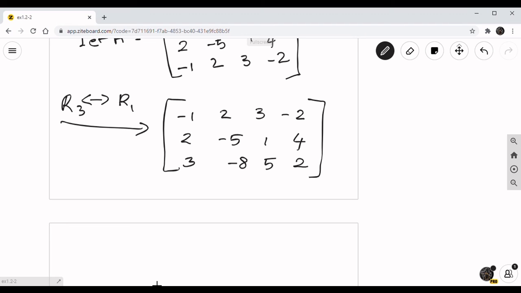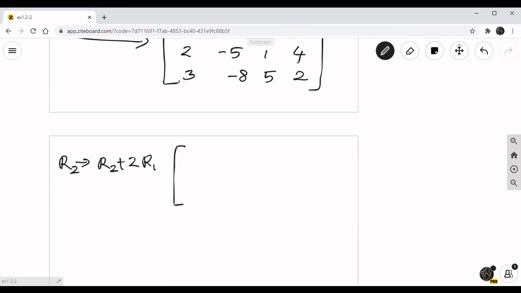So next we will adjust row 2: row 2 plus twice of row 1, so it is 0, minus 1, 7, 0.